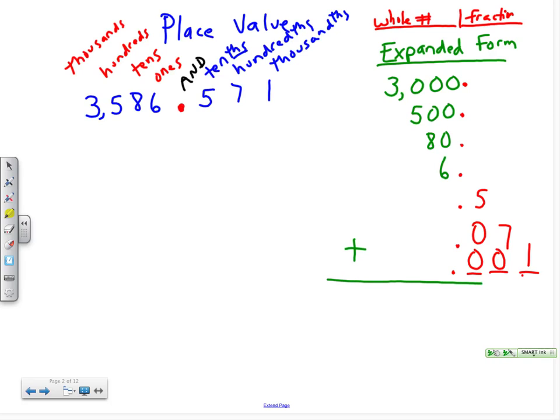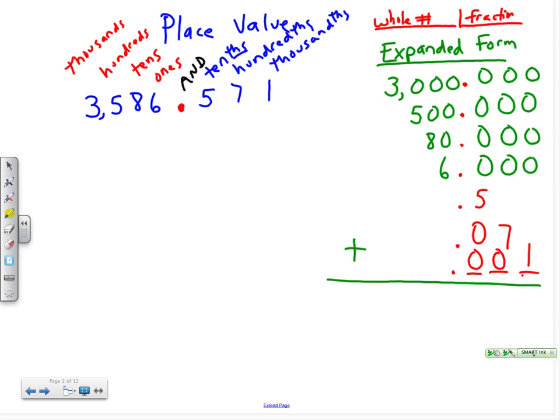If I were to add decimals, remember I said we can have zeros after the decimals, it won't change the value. 3,000 with 3 zeros behind it is still 3,000. 500 with zeros behind it is still 500. The same with 80 and 6.